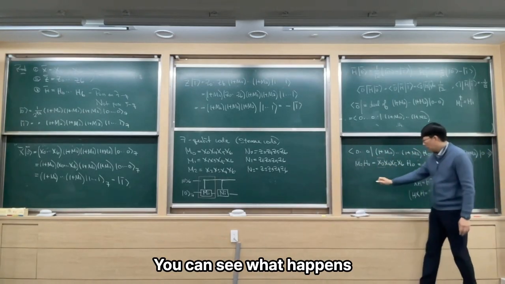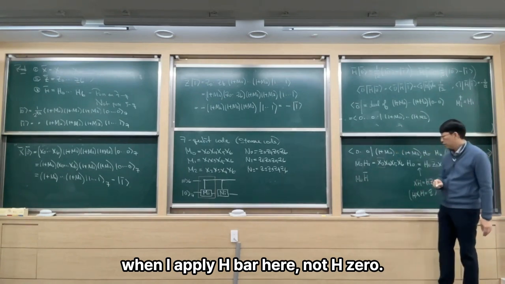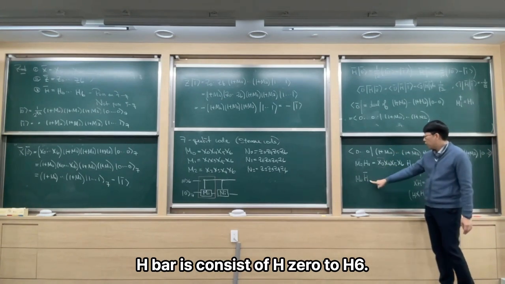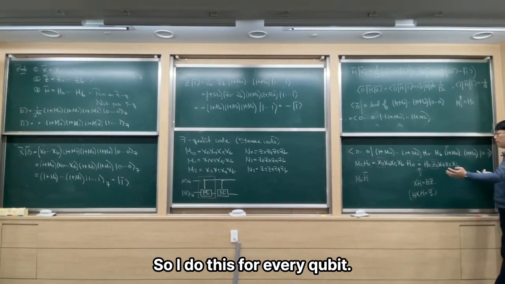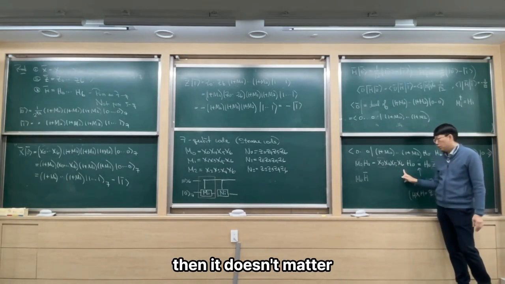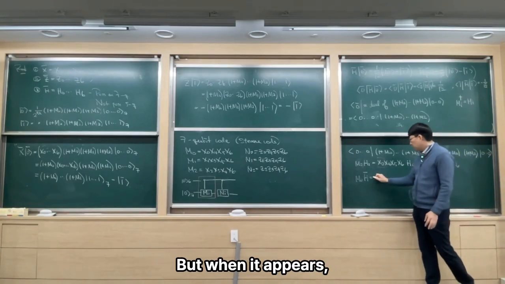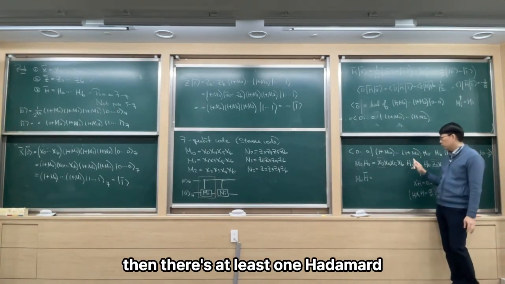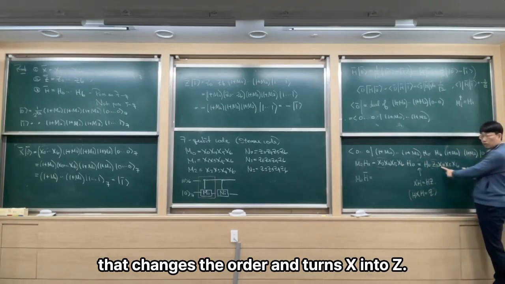So now you can see what happens when I apply h bar here, not h0. H bar consists of h0 to h6. So I do this for every qubit. If the qubit's x gate does not appear here, then it doesn't matter because it has nothing to do with this qubit. But when it appears, there's at least one Hadamard that changes the order and turns x into z.